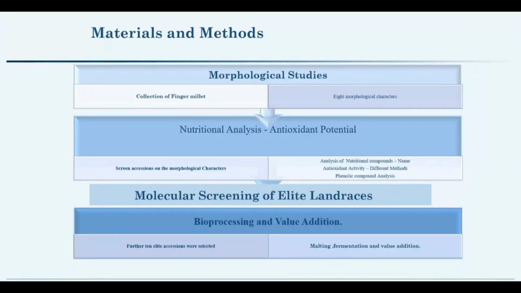So at every step, for example, you have 100 varieties. First of all, collect the 100 land races, 100 varieties, then screen all these 100. While screening, apply a few parameters, for example yield contributing parameters, and on that basis, out of 100, go for 30 to 35 or maximum 40.